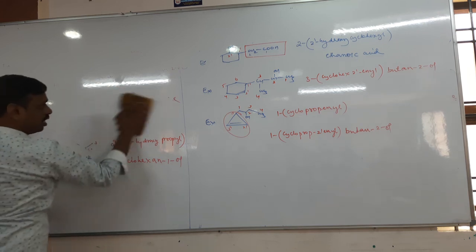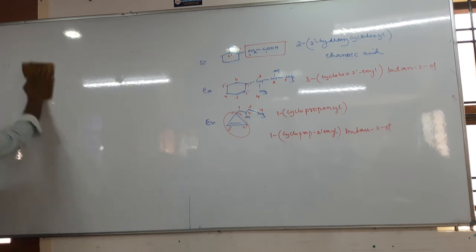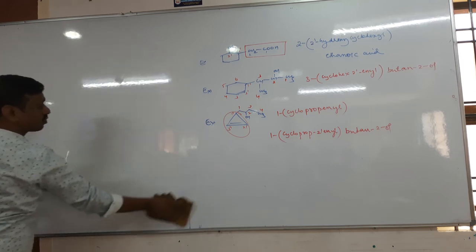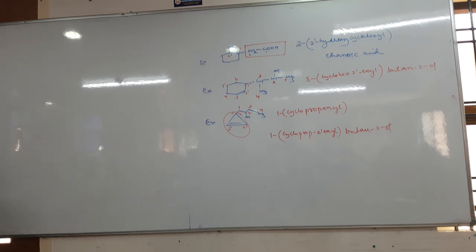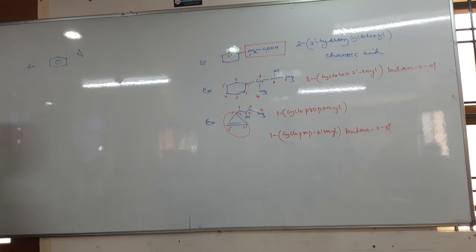Important. For example, there is a benzene ring and other cyclic groups, irrespective of the number of carbon atoms. Let us take cyclopropyl, and tell me what is the IUPAC name.